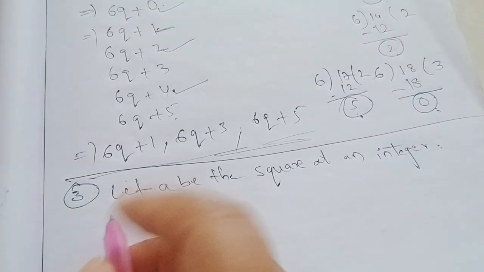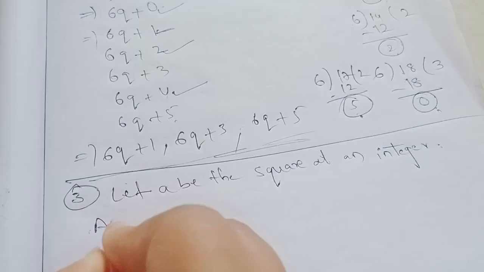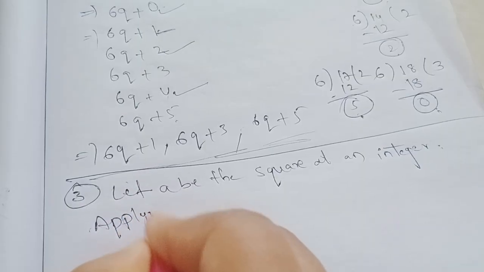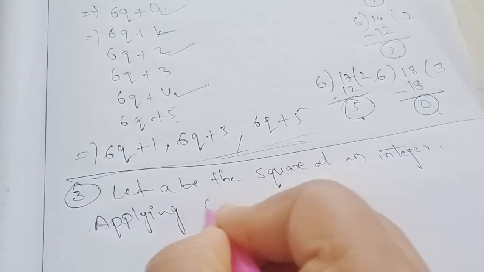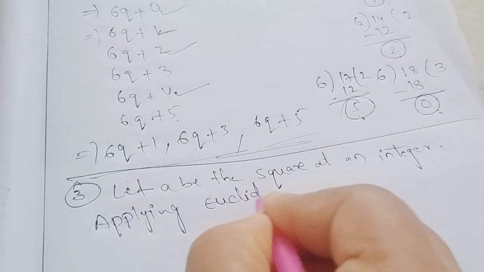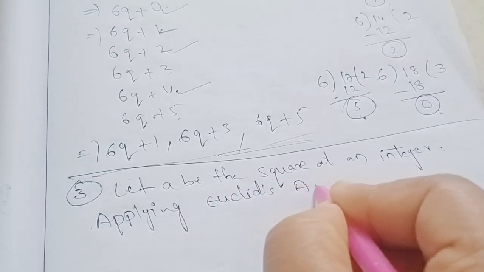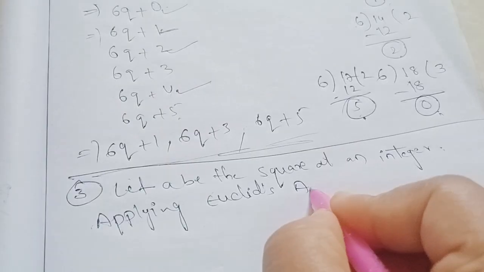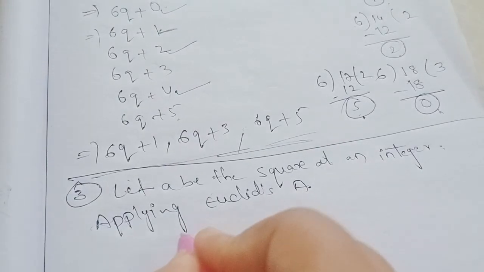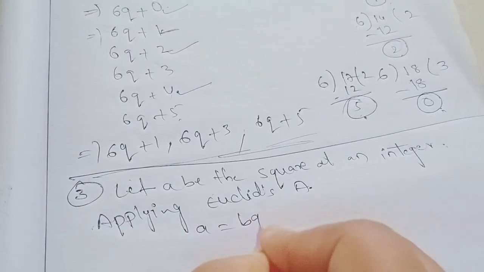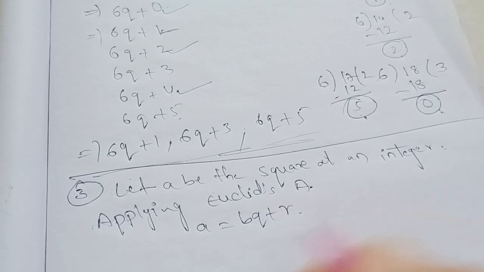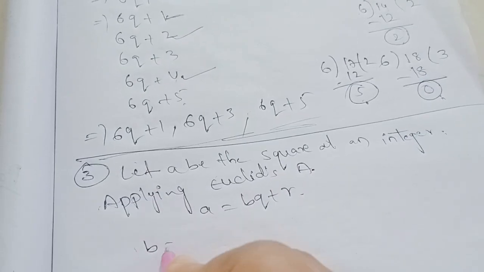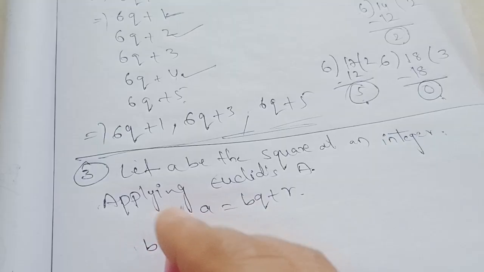So applying Euclid's division lemma, Euclid algorithm, what is the formula? a equal to bq plus r. So b is given in the question as 3.